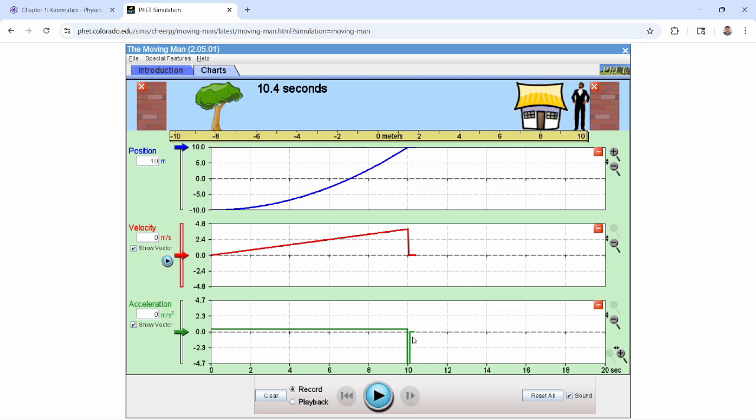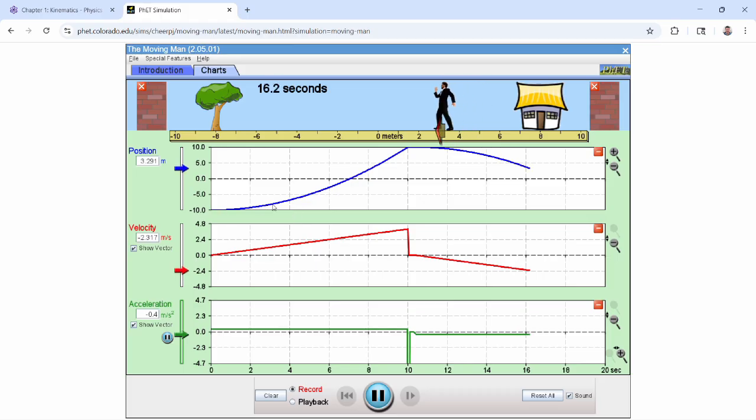Okay, acceleration is now at 0. Let me do minus 0.4 to come back at the same accelerating motion. And this is the constant acceleration motion, what it looks like visually here, and what it looks like in the graph here.